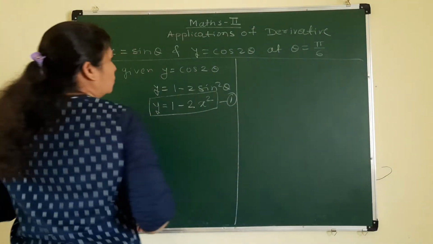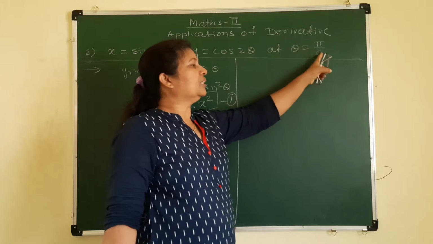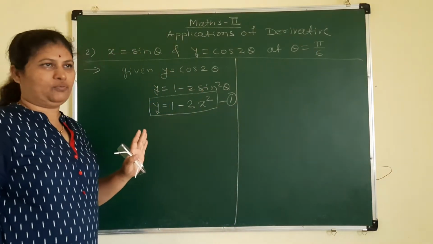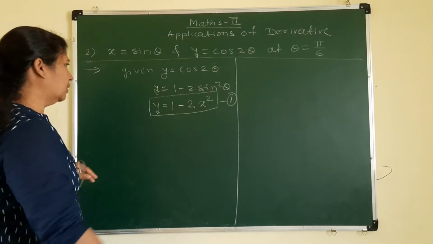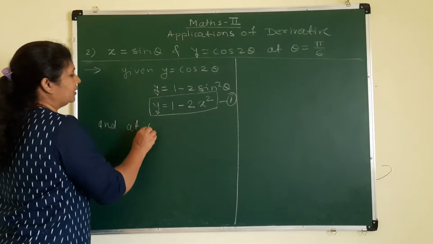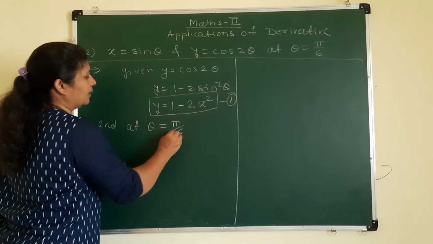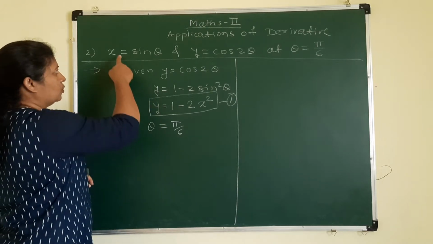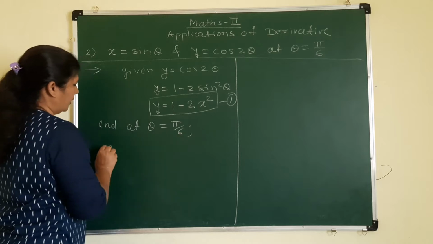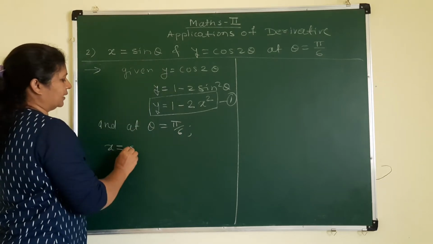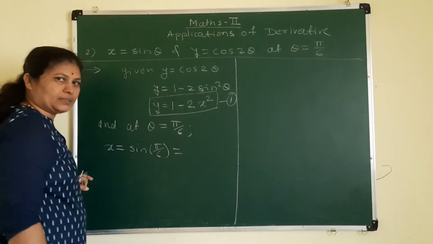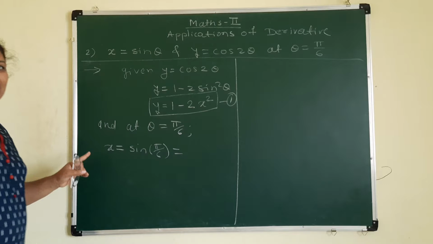Now I have to find the tangent at the point theta is equal to pi by 6. So I will convert this parametric form into coordinate form. At theta is equal to pi by 6, what will be the value of x? x is equal to sin theta, means sin of pi by 6, which is sin 30 degree.